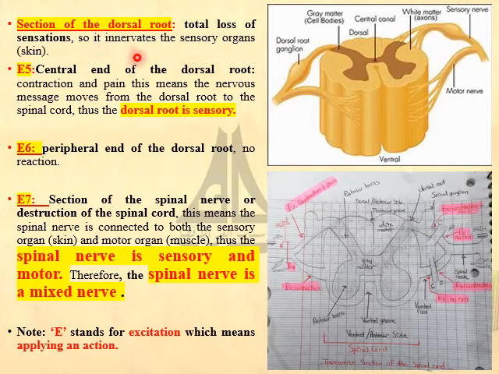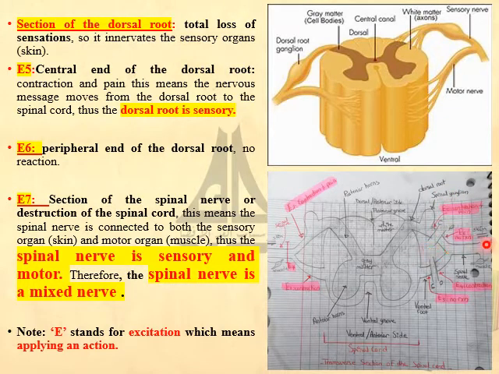Once Magendie sectioned the dorsal root, we noticed that there was total loss of sensations. He noticed that the dog doesn't feel anymore. So he was able to make a link between the dorsal root and the sensory organs. He said that the sensory organs give the messages to the dorsal root. They are taken by the dorsal root, because once the dorsal root was cut, no more sensations.